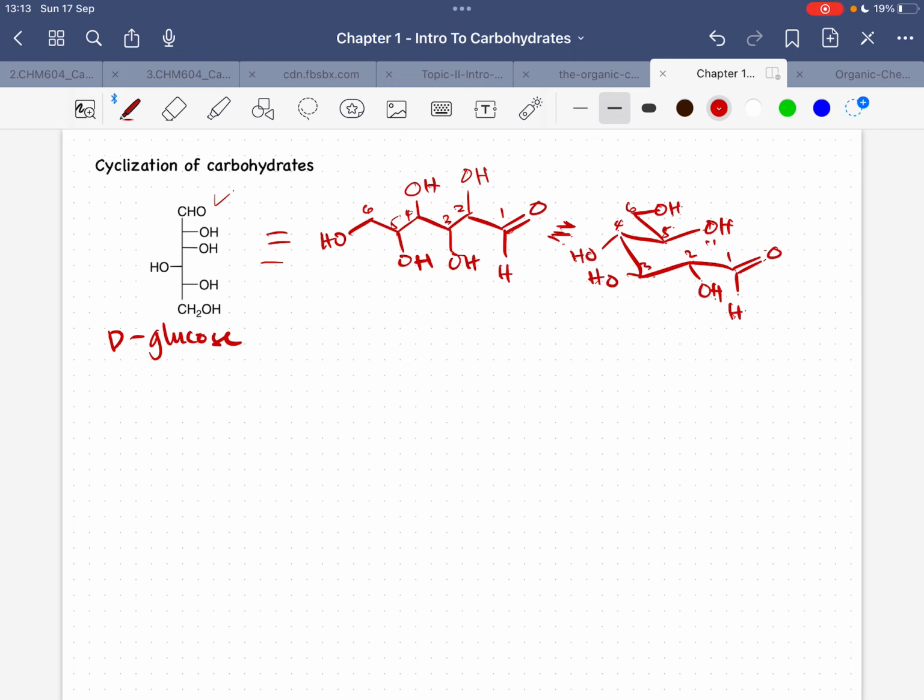So here, lone pairs will attack. Cyclization happens. Minus H plus.